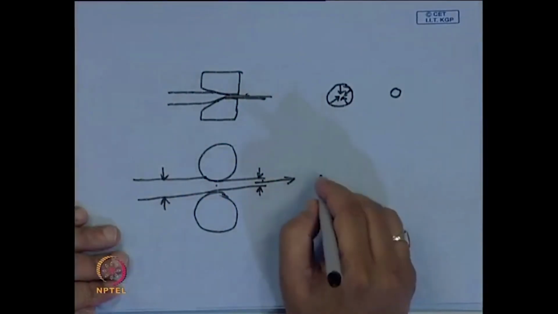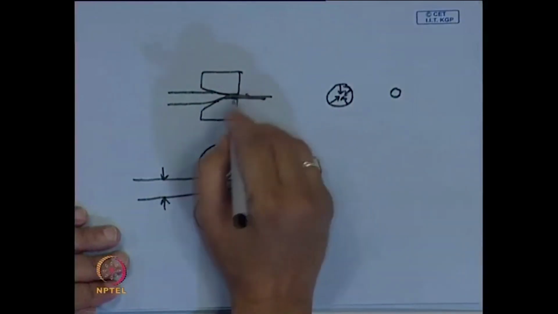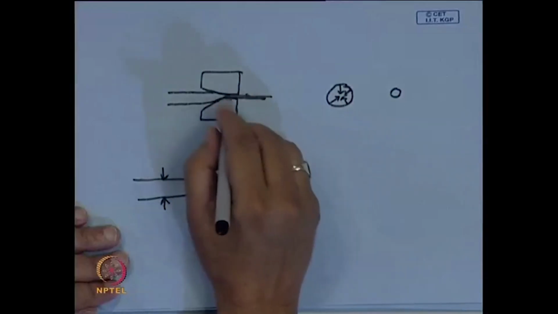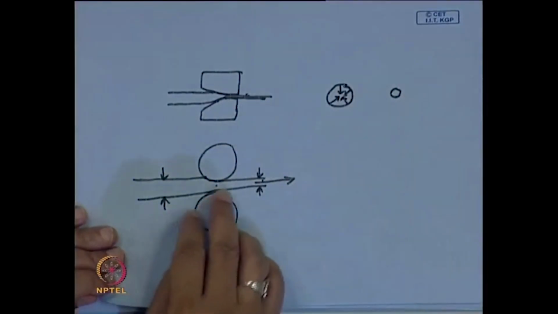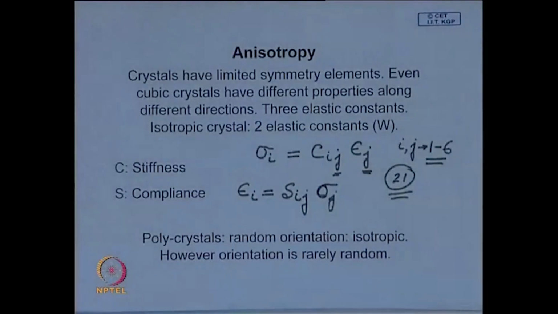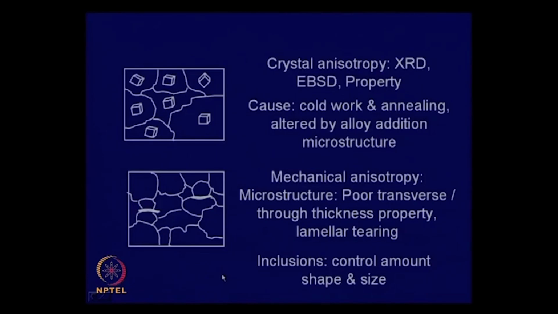So, you can say this is plane strain deformation, whereas in the drawing case you have strain in three directions. That is the basic difference, and because the states of stress are different, you get different types of texture, which is listed over here. It changes depending on the crystal structure. In rolling you can get one type of preferred orientation, whereas in drawing you get another.